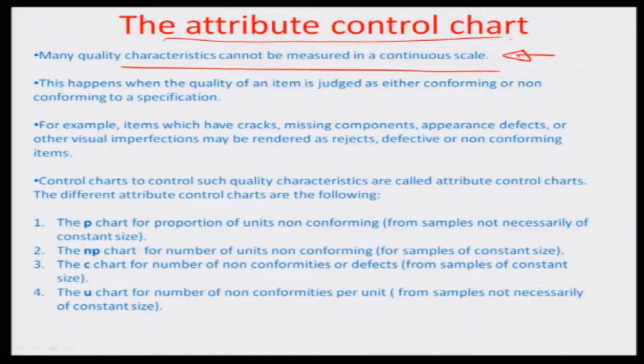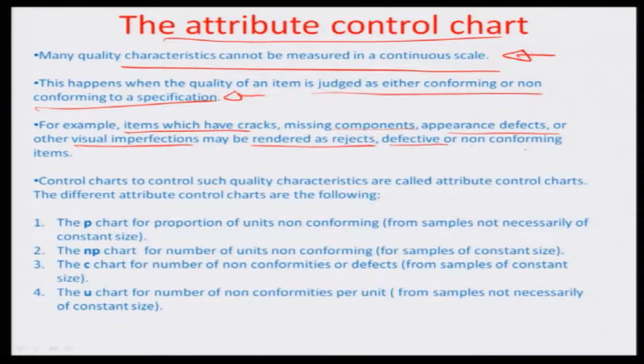So this happens when the quality of an item is judged either as conforming or non-conforming to a specification, okay. So you can have, as I told you, different examples in the car. Many other examples exist, like items having cracks, missing components, appearance defects, visual imperfections may be rendered as rejects, defective, non-conforming items.